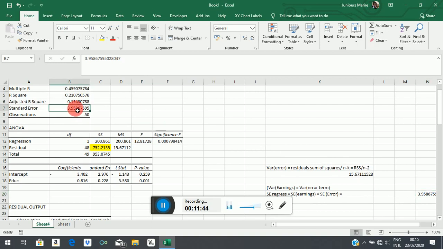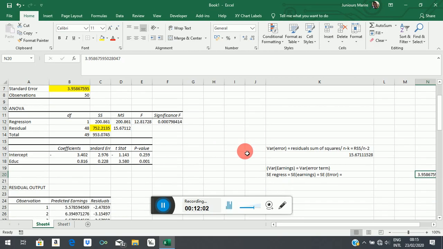Notice that it is this one reported here. That's the standard error of the regression. Very important to understand that. So this is a very important result: if we know the variance of the error term, then we know the variance of y.